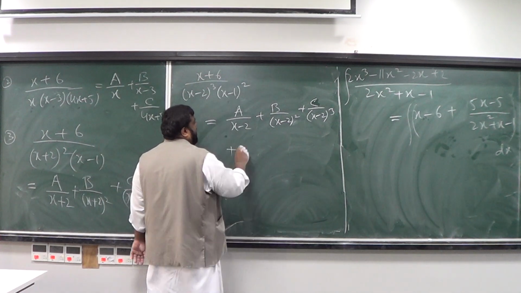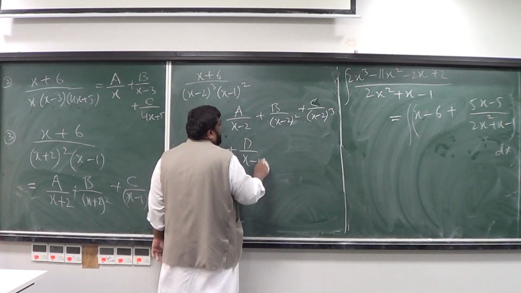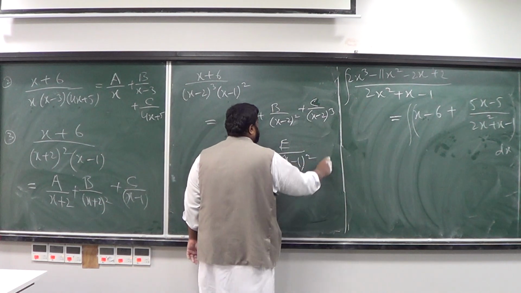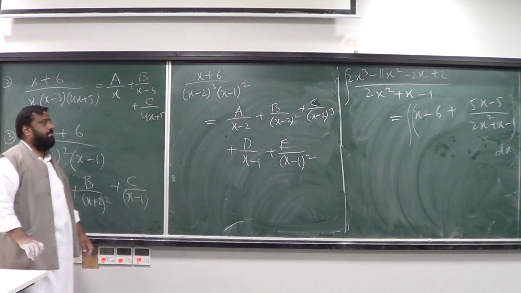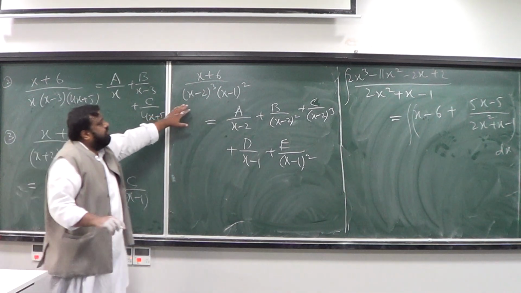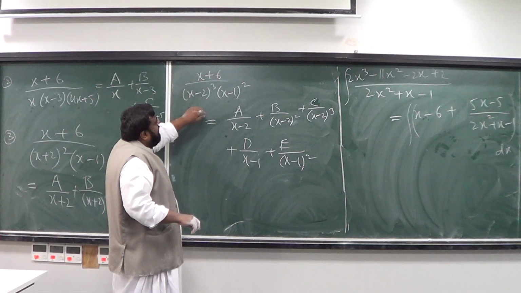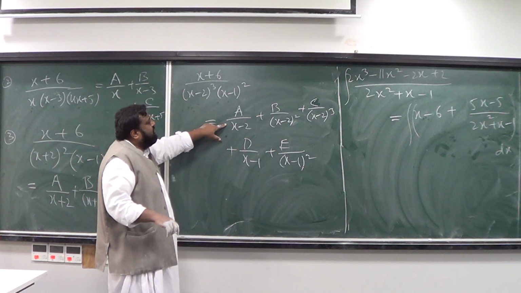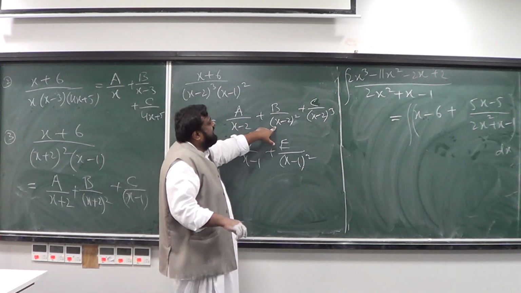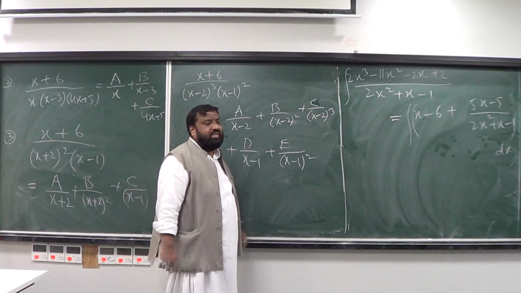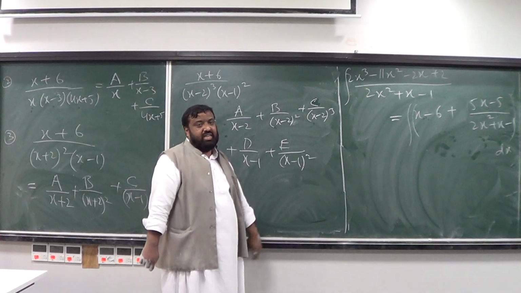And the same is the case with this: d by x minus 1 and e by x minus 1 square. So in other words, if you want to break such an expression into fractions, there will be a term with x minus 2 in the denominator, a term with x minus 2 square, a term with x minus 2 cube, and x minus 1 and x minus 1 square.